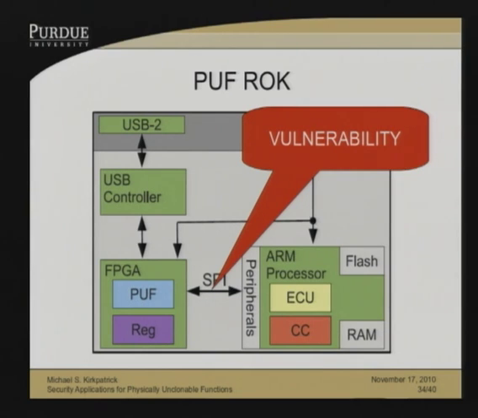So our current prototype has this big vulnerability that the key would be transmitted in plain text across this interconnect, and you could potentially eavesdrop on it. But that's why this is just a prototype. It's just a proof of concept. In a real implementation, you would have everything on a single chip, and so you wouldn't have that vulnerability.